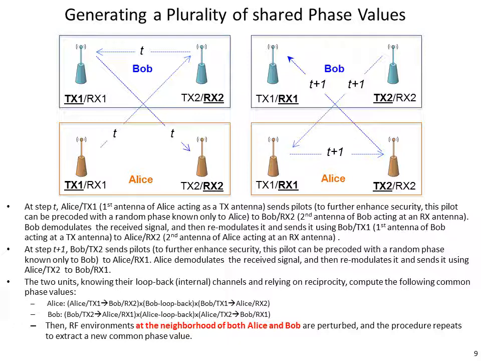Consequently, in the total number of transmissions, which is 4, Eve will hear 4 signals through 4 unknown phases, because each transmit antenna has an unknown phase to Eve's receive antenna, and that transmit antenna is used once, so Eve will not be able to extract any useful information.